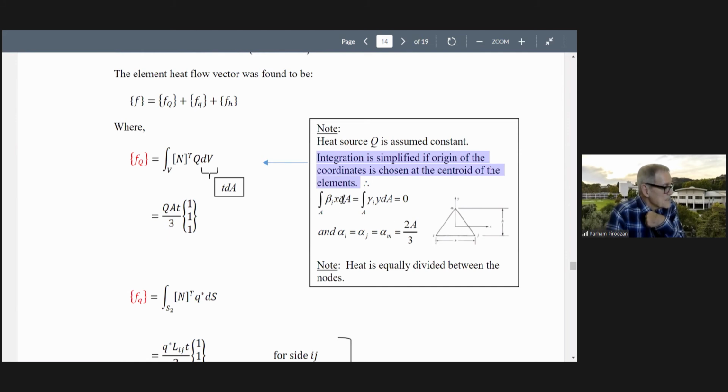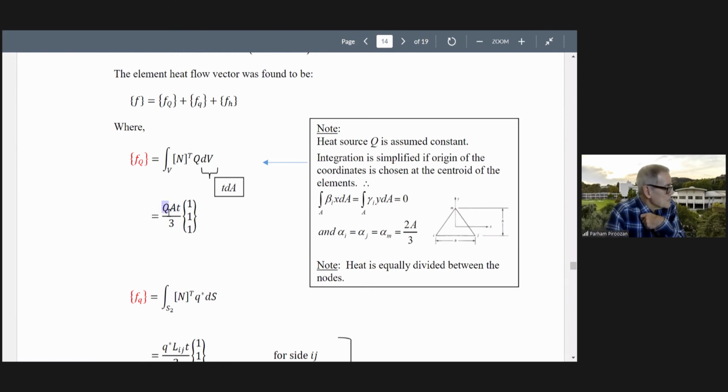If you put this at the centroid, these integrals are already 0. And then it is much easier, you can integrate this to get QAt over 3. At is what? It is volume, area times thickness. Area of this element times its thickness is volume.